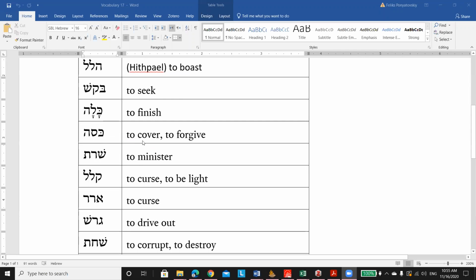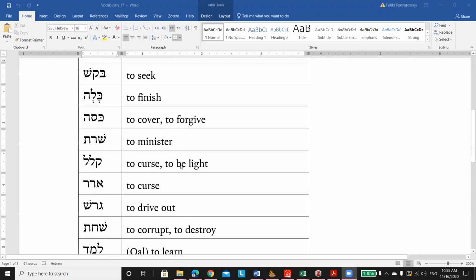Except Kala, all the verbs occur mostly in Piel. It seems to me Kise also occurs one or several times in Kal, but just occasionally.